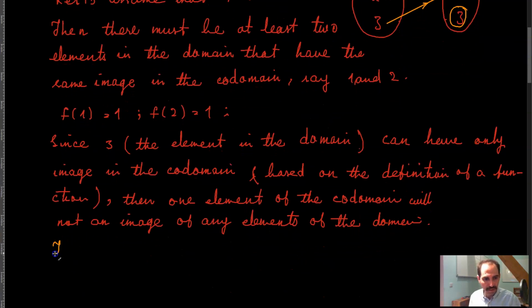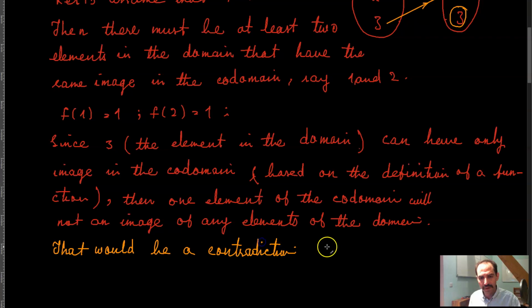And that would be a contradiction, since we have assumed that f is onto.